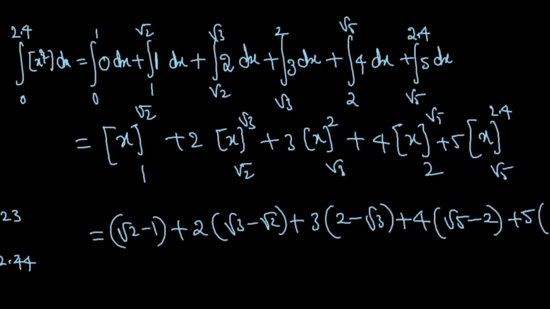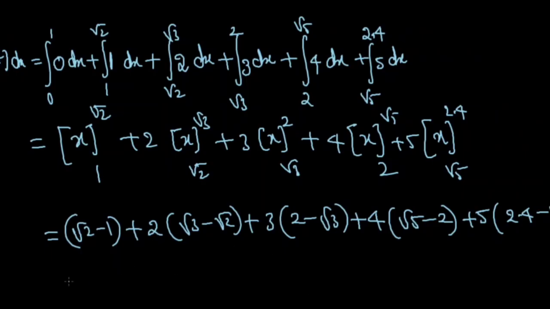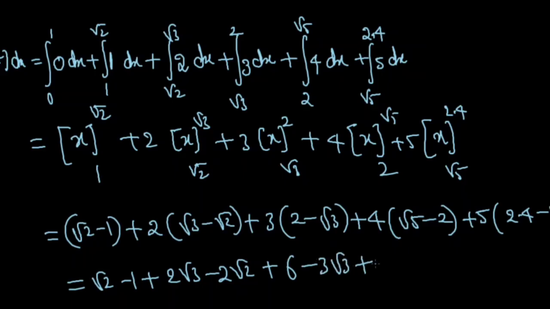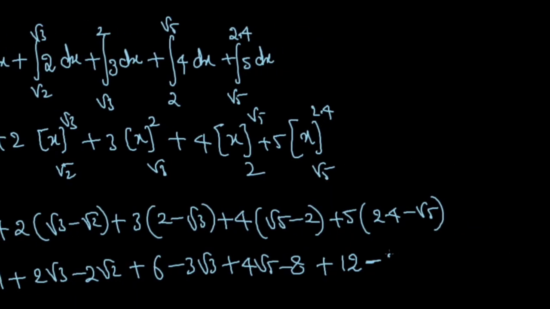So if I solve this: root 2 minus 1, plus 2 root 3 minus 2 root 2, plus 6 minus 3 root 3, plus 4 root 5 minus 8, plus 5 into 2.4, which is 12, minus 5 root 5.